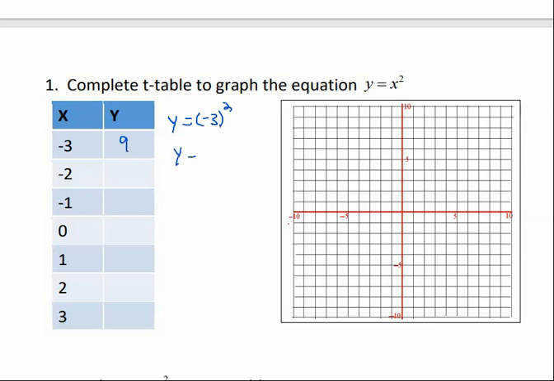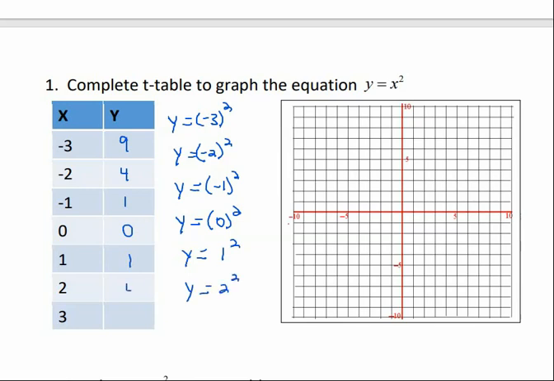If I do y is equal to (-2) squared, that would give me 4. (-1) squared would be 1. 0 squared would be 0. And then we know if we square 1, we get 1. If we square 2, we get 4. And if we square 3, we get 9.